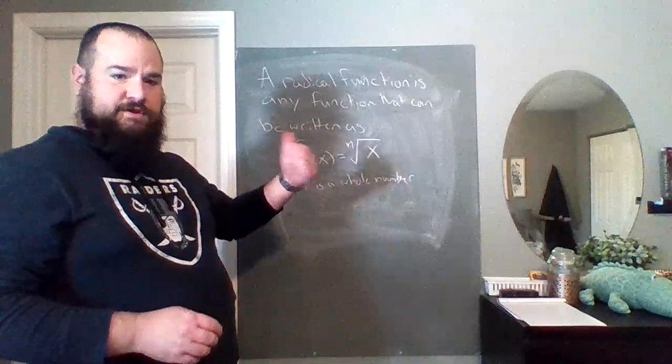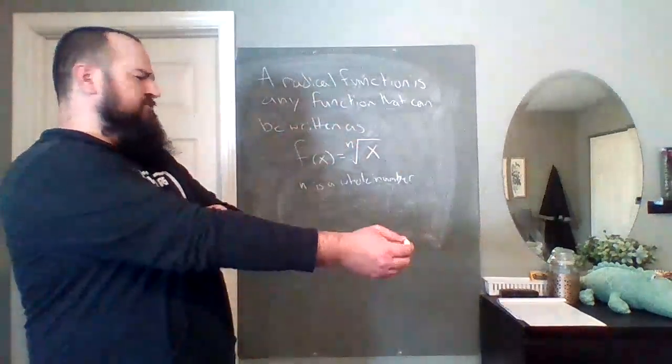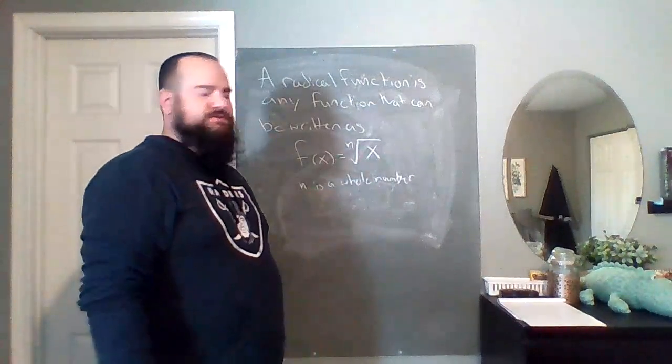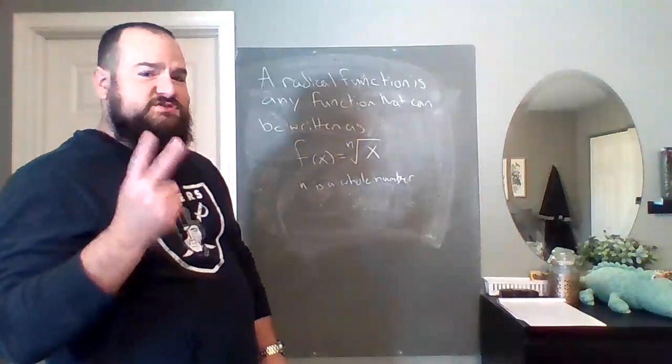So, 1, 2, 3, 4, 5. We don't really talk about the 0th root, that doesn't apply. So, whole numbers. Now, that gives us two possible cases.